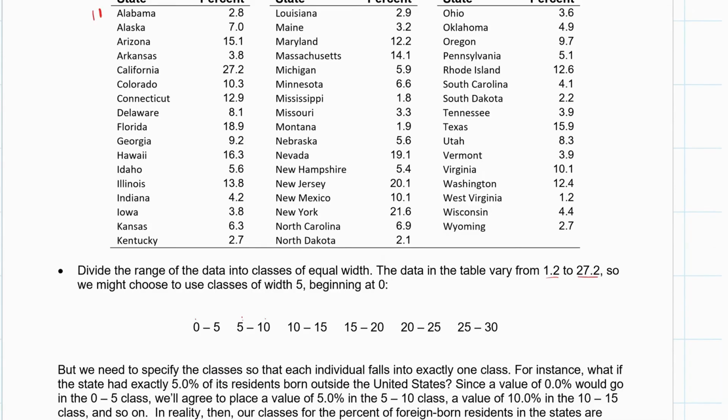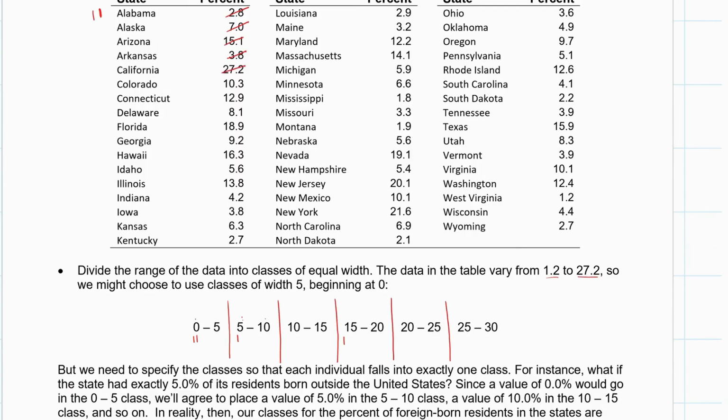All right. And I'm going to collect data in each of these groups, including numbers on the low end, excluding numbers on the high end. So we start with Alabama, which is 2.8%, and that belongs in this group here. And then Alaska with 7, Arizona with 15, Arkansas with 3.8, so it's in that group.